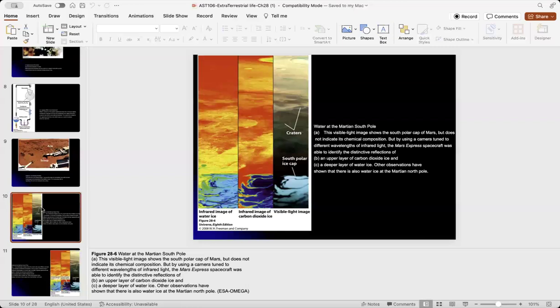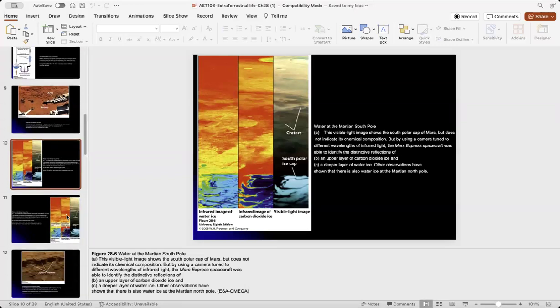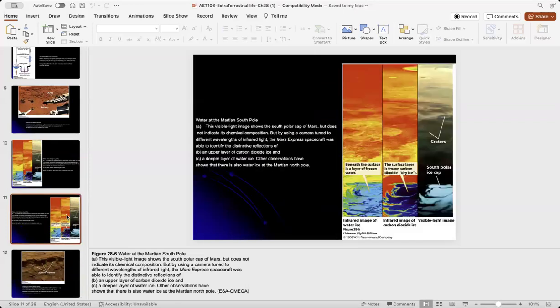The visible light image shows the south polar cap of Mars, but does not indicate the chemical composition. But by using a camera tuned to different wavelengths of infrared light, the Mars Express spacecraft was able to identify distinctive reflections of an upper layer of carbon dioxide ice and a deeper layer of water ice. So there is H2O present on Mars, but it is in the frozen solid form. So still not very suitable for life. However, there is water.